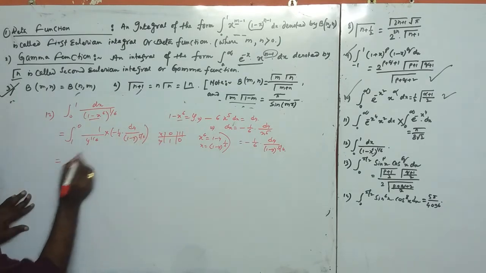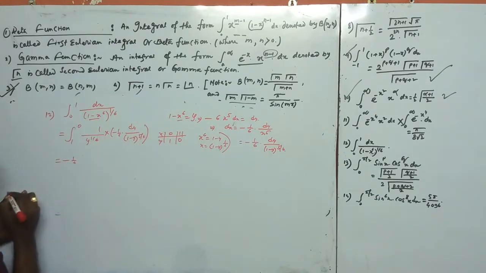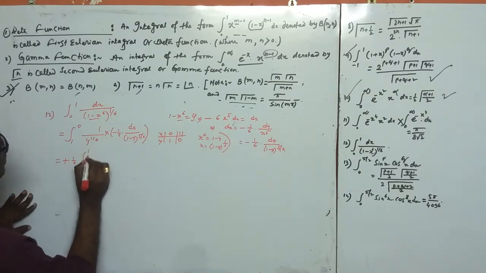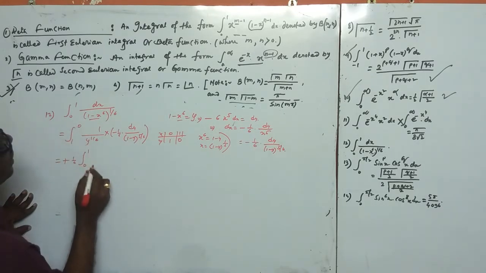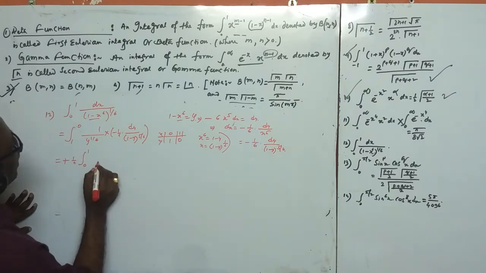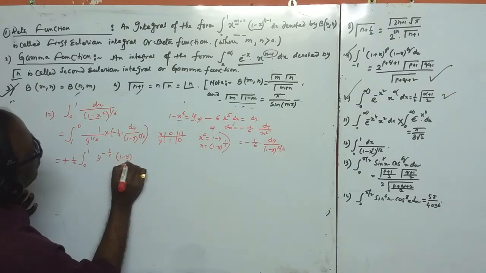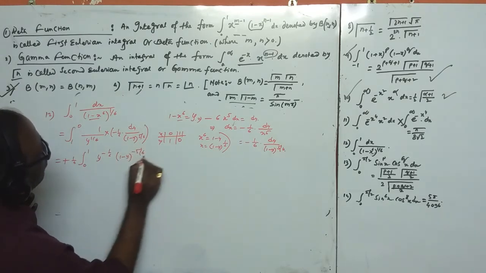Now the minus sign changes the limits from 1 to 0 into 0 to 1. So now this is y to the power 1 minus 1 by 6 and 1 minus y whole to the power minus 1 by 6 dy.